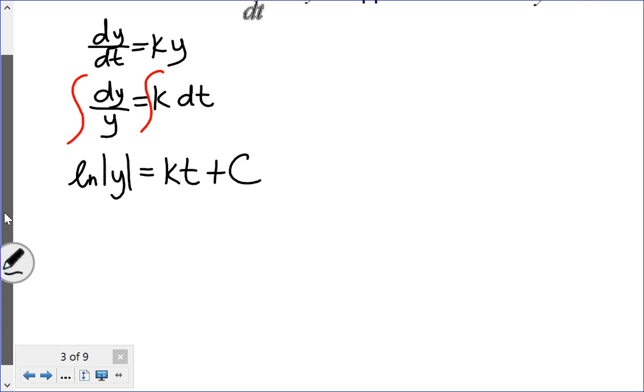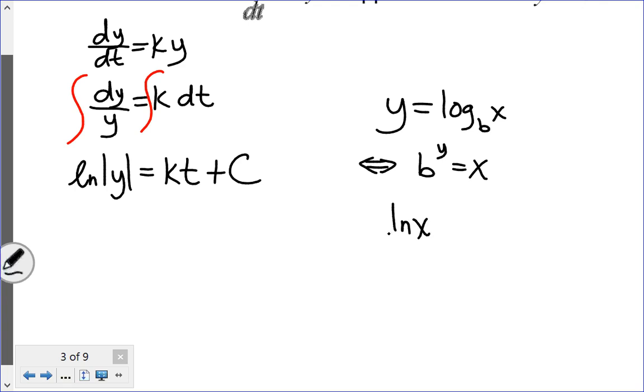use our rules for exponents that say that when you have, for example, y equals log base b of x, this is the exact same thing as b to the y equals x. So in our case, we have ln of x, and remember that is the same thing as log base e of x.